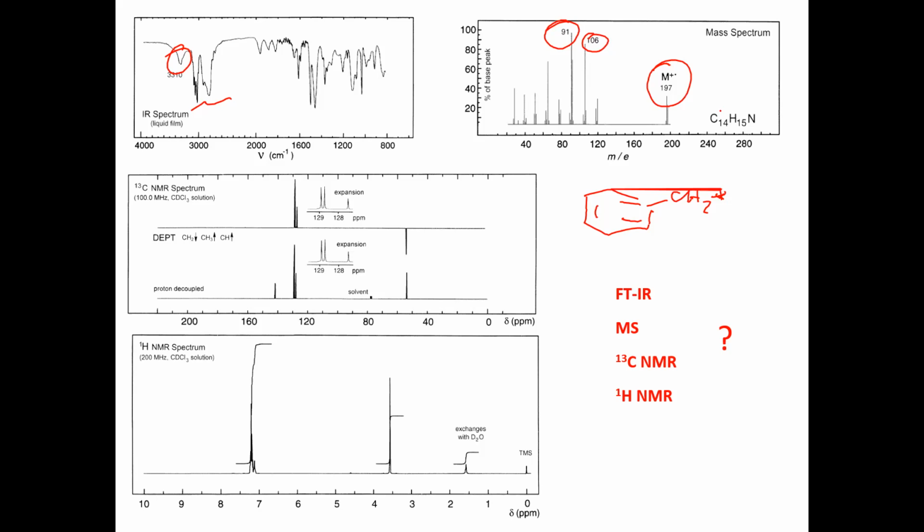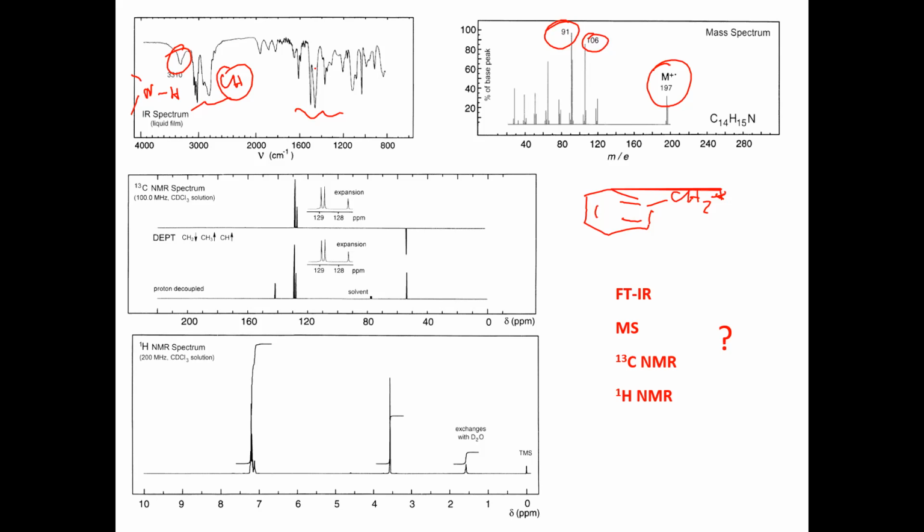Now, we have some CHs from the IR. You have NH something from the IR. You have aromatics. You don't have a carbonyl. Of course, you don't have a carbonyl, there is no oxygen.